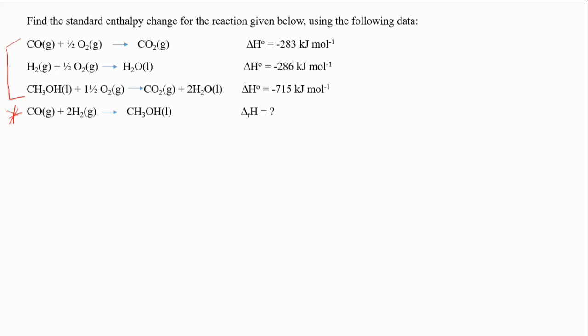So what I could do is go ahead and take this equation and write it down here. CO gas plus a half O2 gas reacting to give us CO2 gas. I will also write down the enthalpy value.